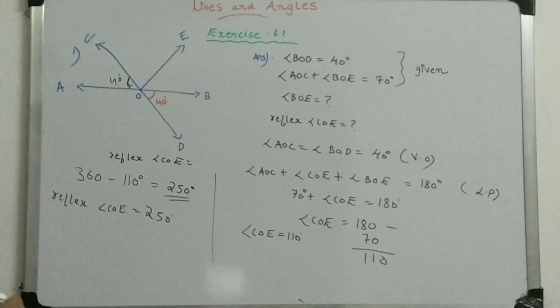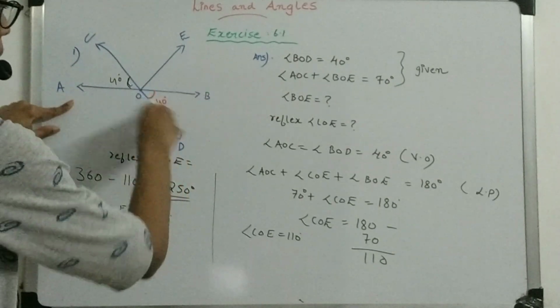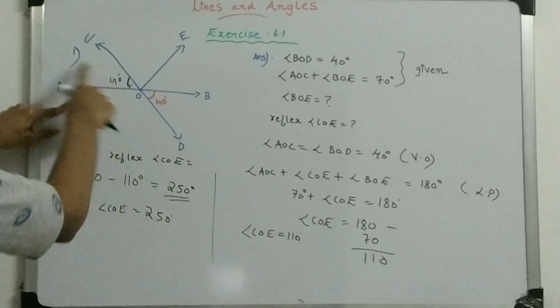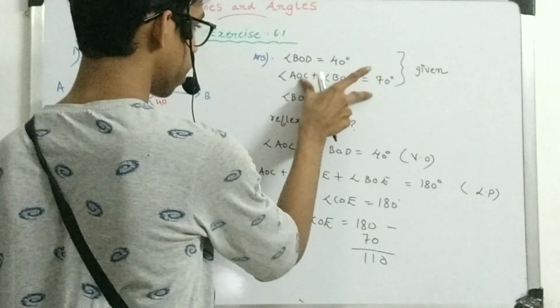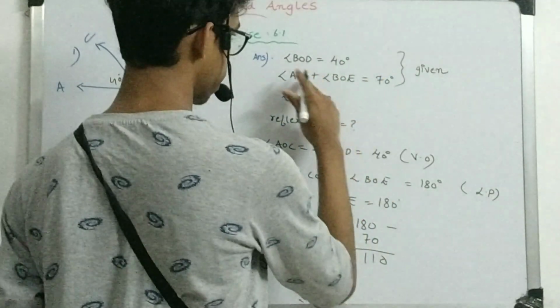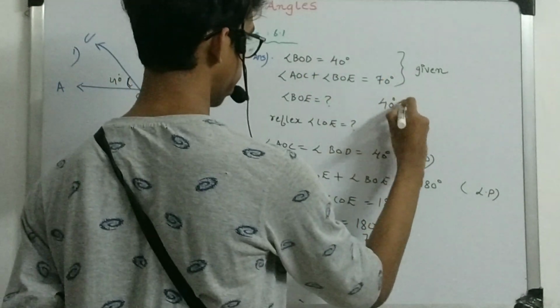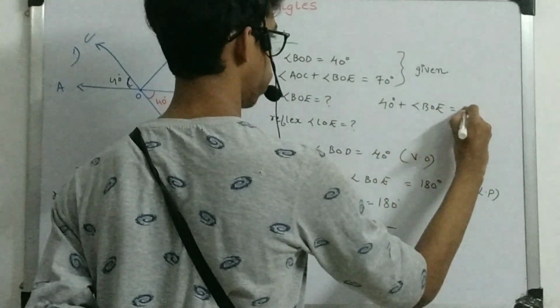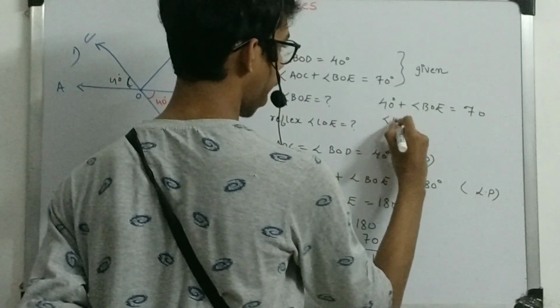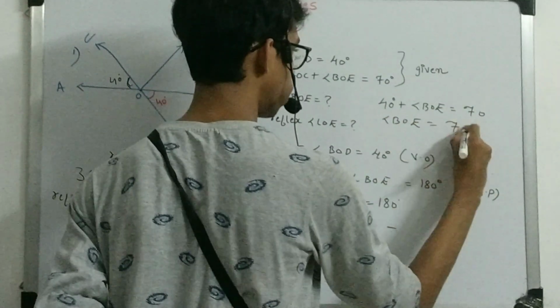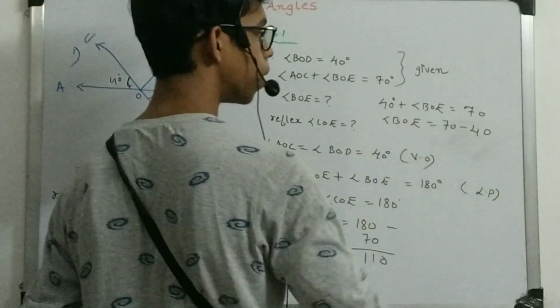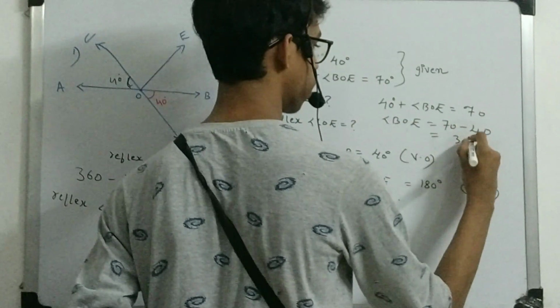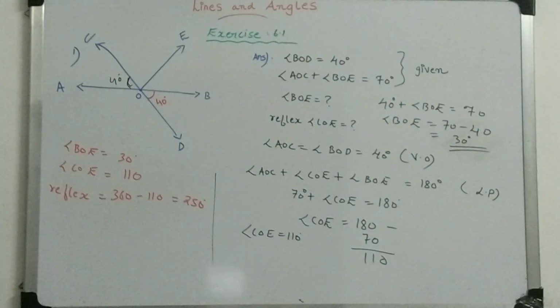Now next they had also asked you for angle BOE. So how will you find angle BOE? We just found out that BOD and AOC are vertically opposite angles. So from this equation, which was given in our question, angle AOC, we know, is 40 degrees, plus angle BOE, which they have asked you to find, is equal to 70 degrees. So angle BOE is equal to 70 minus 40 degrees, which is equal to 30 degrees.